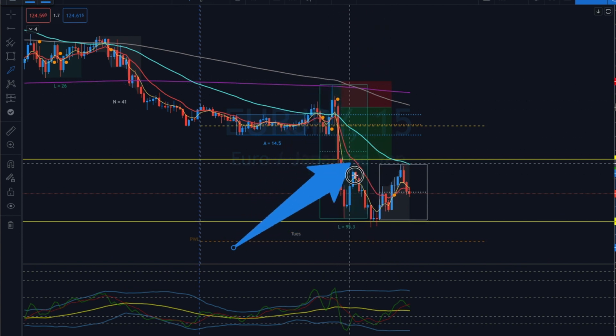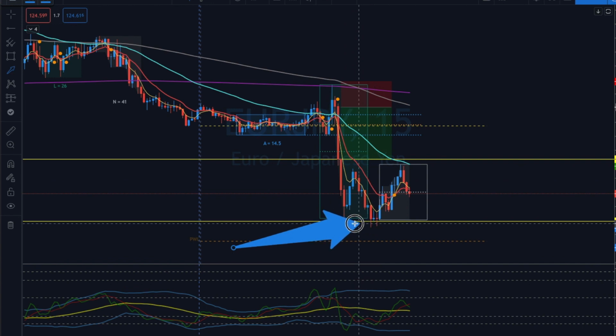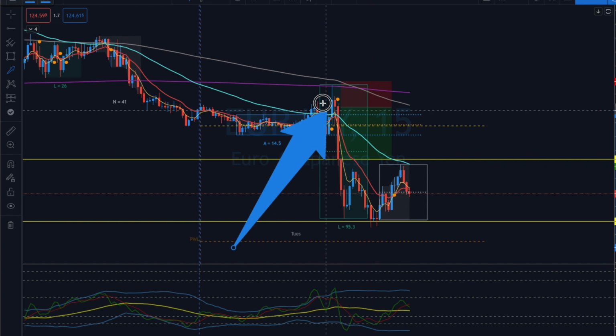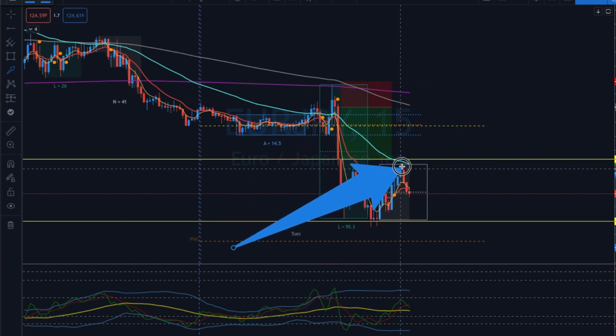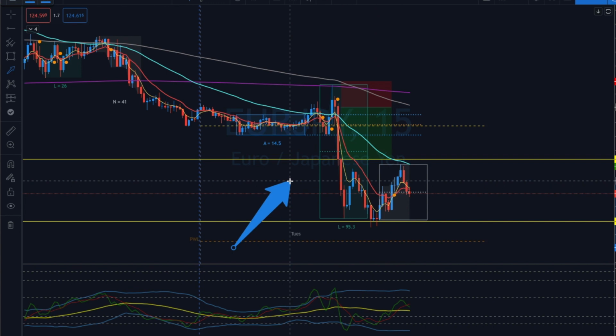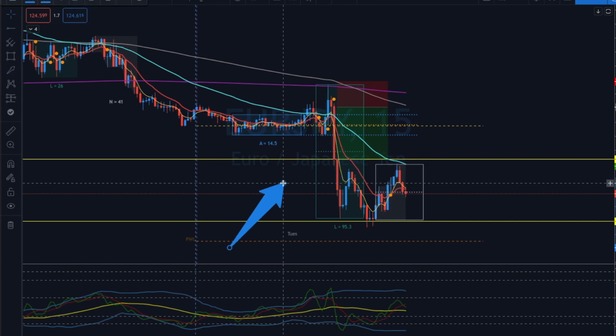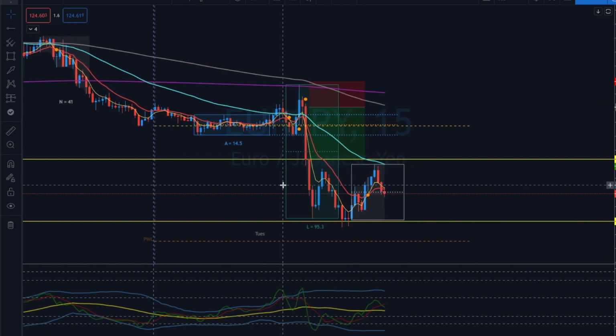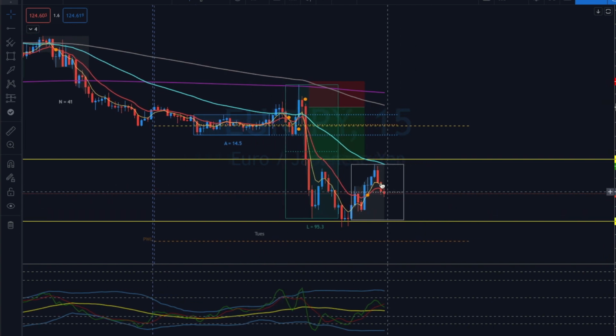Obviously the high of the day is here, and this is potentially at this particular time the low of the day. If you're not at the low of the day or the high of the day, you're kind of in the middle. Anytime that you're in the middle, I like to look for continuation trades during the New York session. Continuation trades would be very good trades, especially when they bounce off the 50.